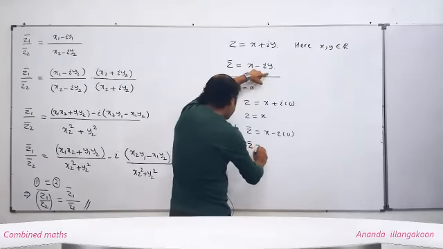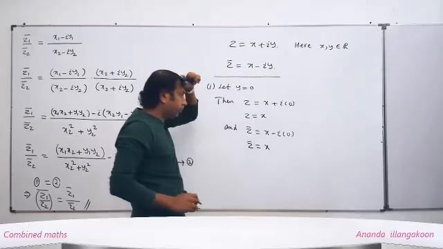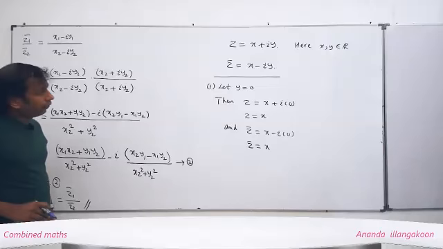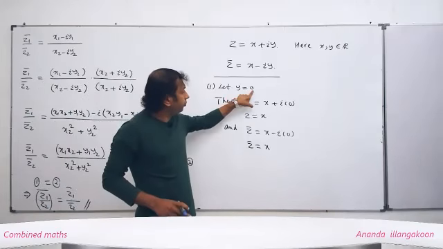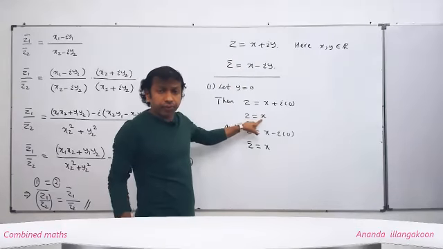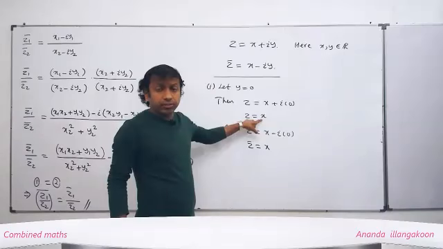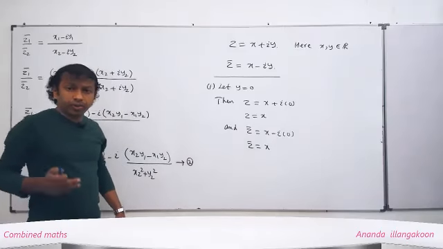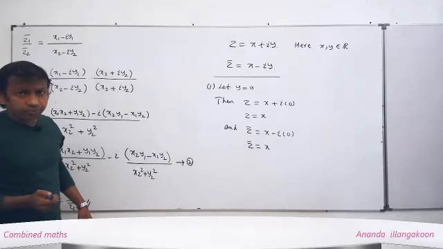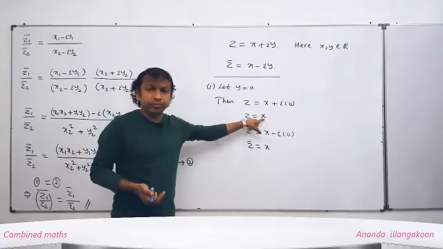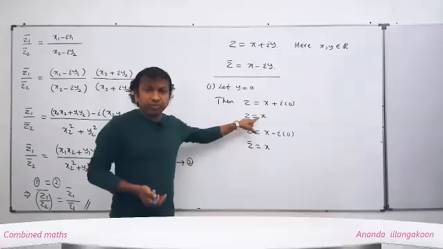Then we get Z bar equals x. People, what do you understand by this? You know, when y equals 0, this complex number Z becomes x. y is the imaginary part, no? When the imaginary part of a complex number is 0, people, the complex number is purely real. Purely real. This is a complex number, but it is purely real now. That means the complex number Z is now a real number.